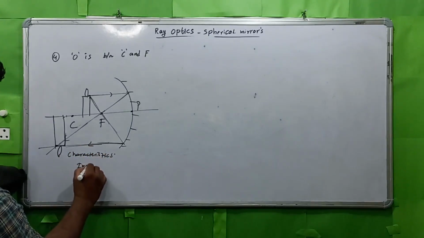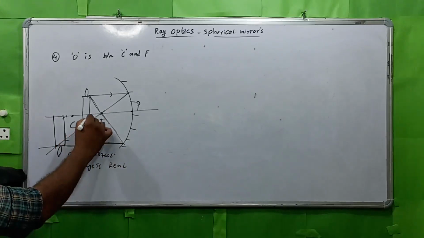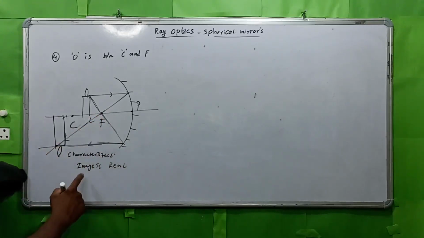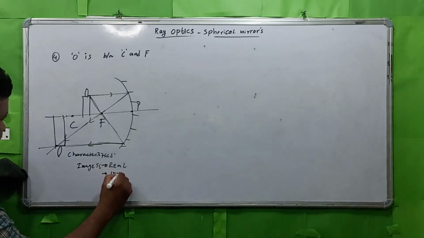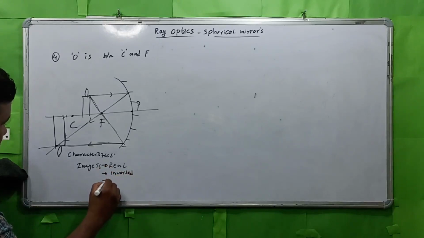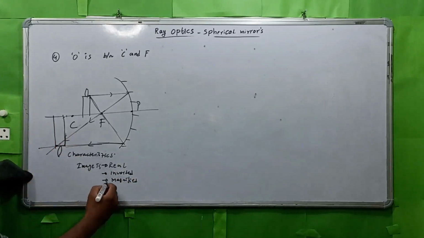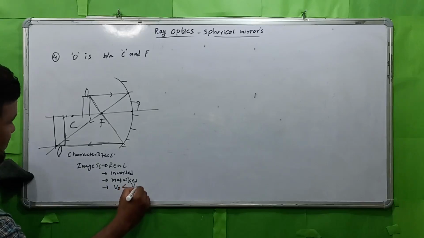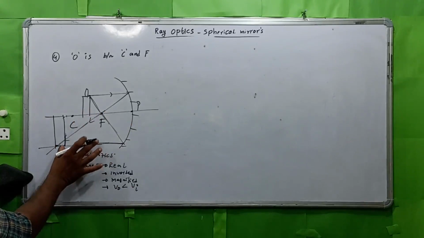If I write the characteristics, image is real. Yes, actually the reflected rays meet actually. Image is real. Inverted, magnified or enlarged. Size is big. Velocity of object is less than velocity of image. Object distance is less than image distance.